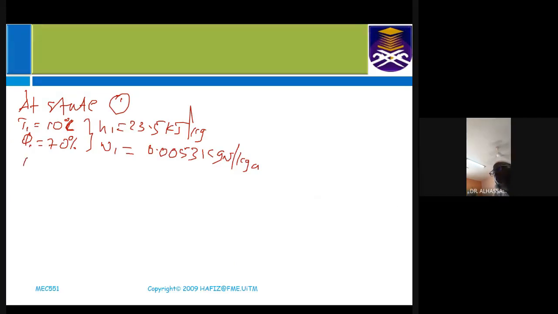And the specific volume, from the psychrometric chart, is 0.809 meter cube per kilogram of dry air.